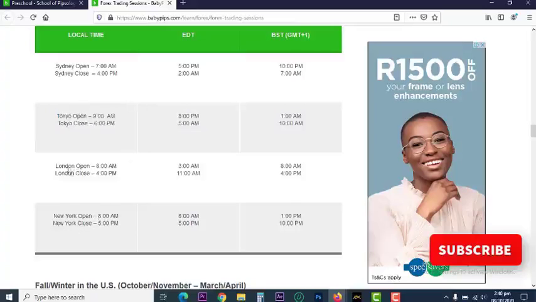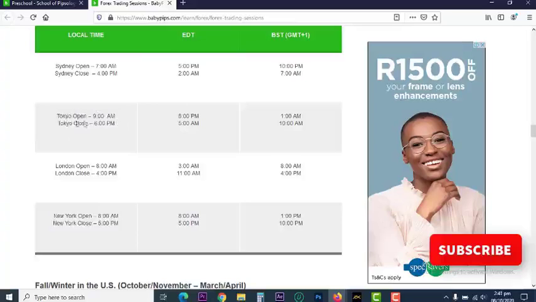The New York session, within this period of months, opens at 8 a.m. and closes at 5 p.m. That's the New York session.